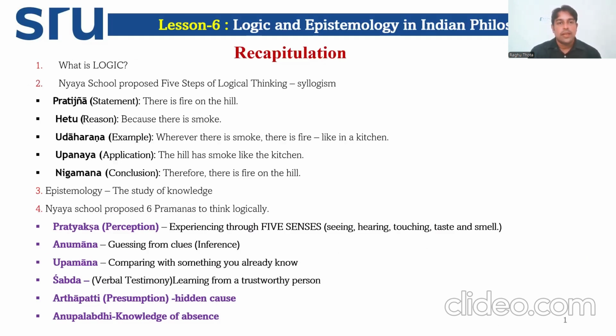Now let's recapitulate lesson number 6 with the title Logic and Epistemology in Indian Philosophy. Under the canopy of lesson number 6, we had a discussion on 5 important points: what is logic, what are the 5 steps of logical thinking proposed by Nyaya school, which we call syllogism, what is epistemology, and what are the 6 pramanas, that is, the 6 steps suggested by Nyaya school for right logical thinking.